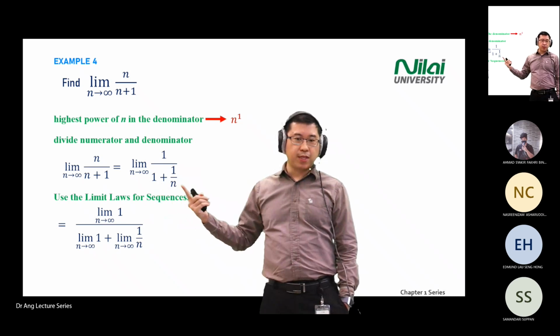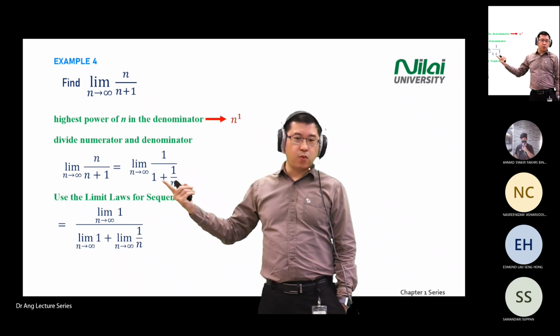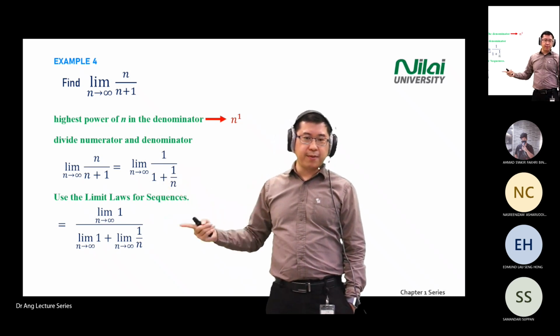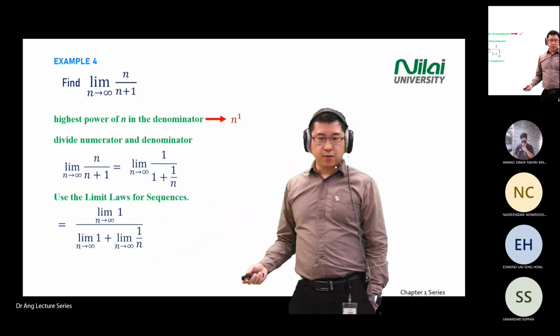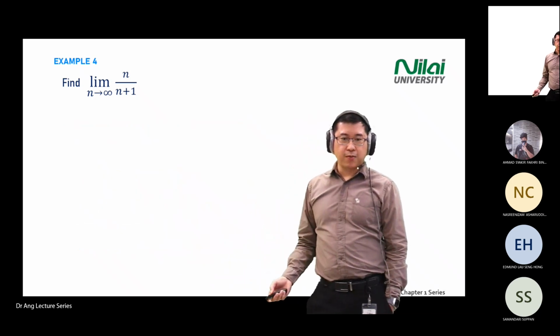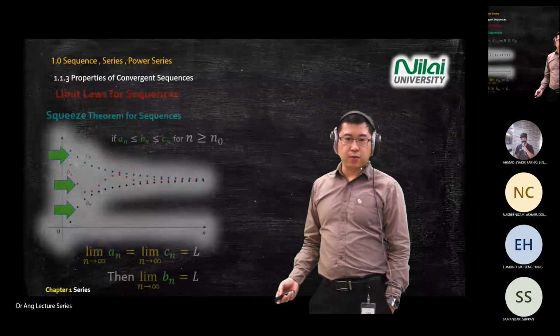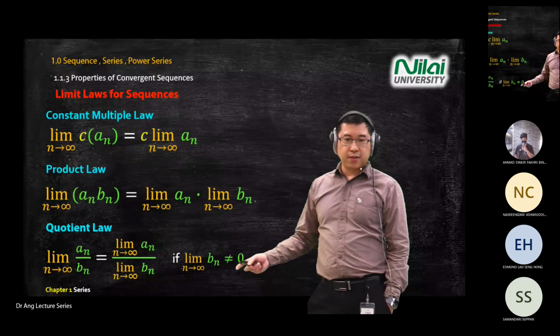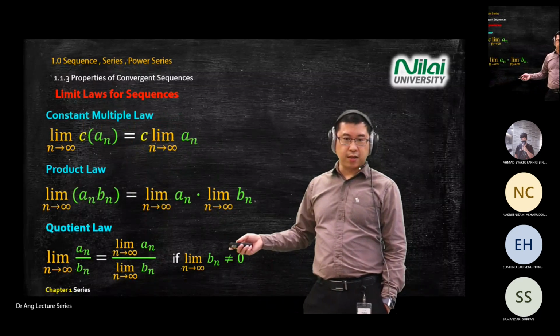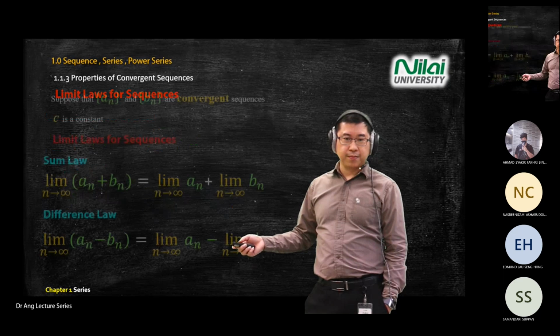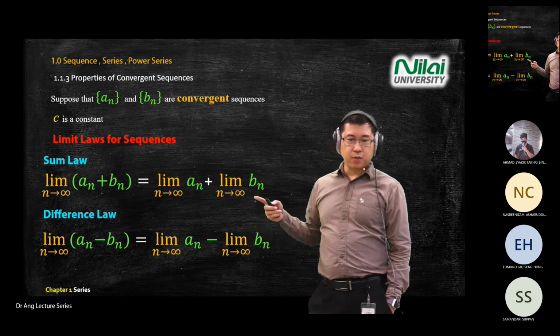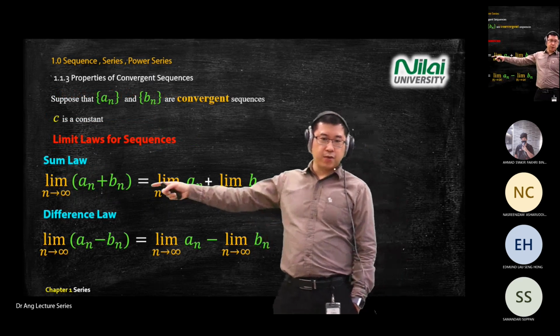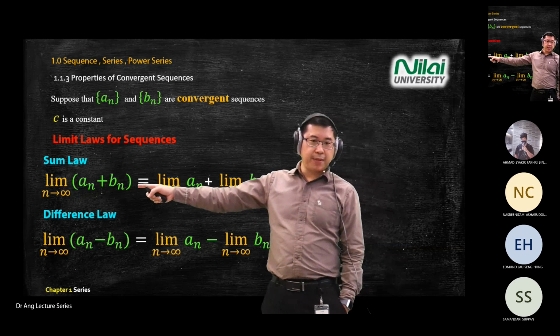So what does it mean? Why does this 1 plus 1 over n become this one? We are referring to this law. At the bottom there you get limit of first set plus second set.